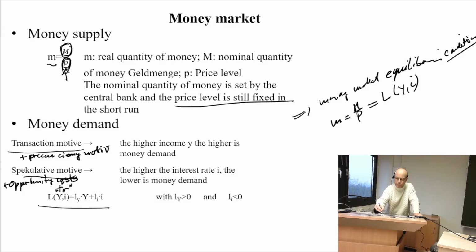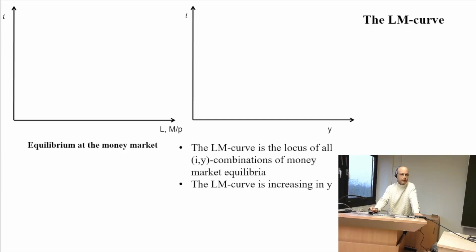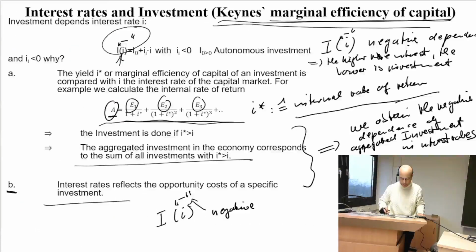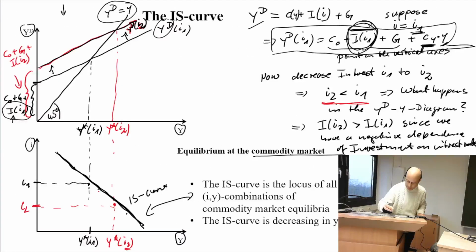And now we want to analyze this condition. Again, we start similar to the argumentation for the IS curve. We just have a look at the money market. Well, let's also write here that this is the commodity market.